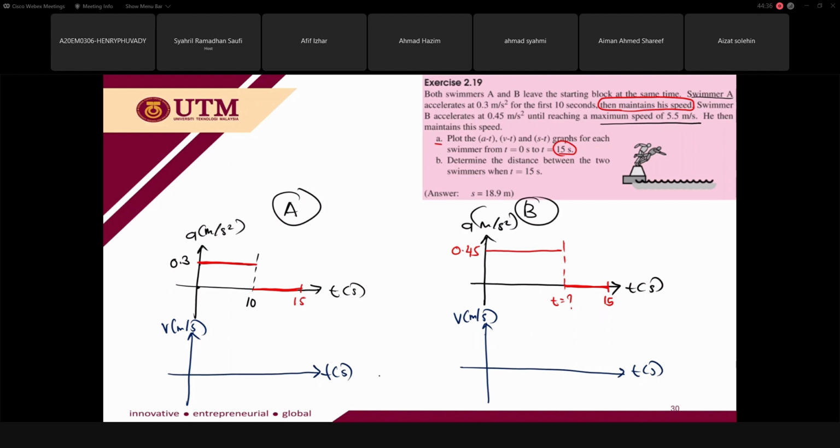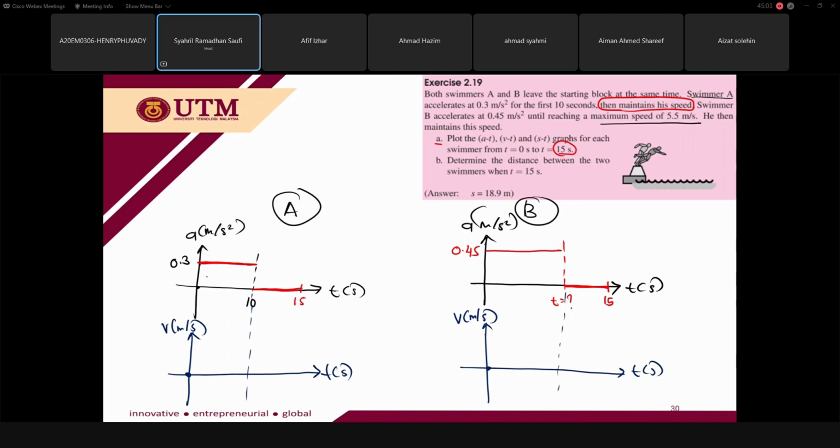Here you have only 0.3 meter per second squared. We know that both swimmers will start from zero velocity.